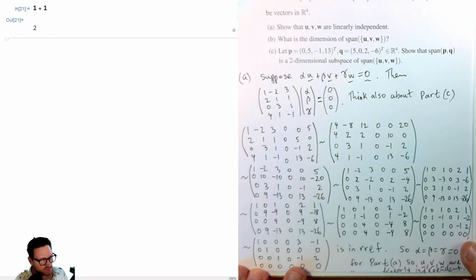Okay, but it says more. It says something about part C as well, which we'll come back to in a moment.